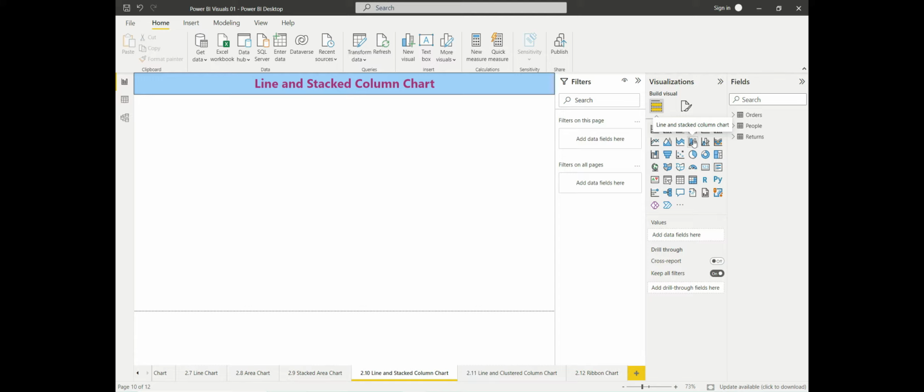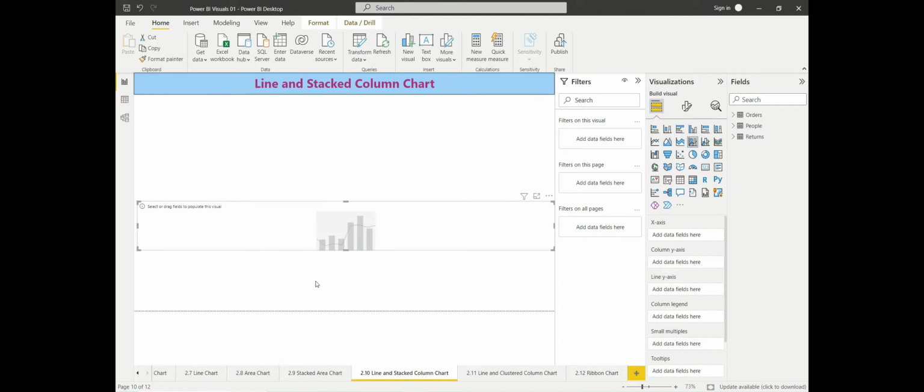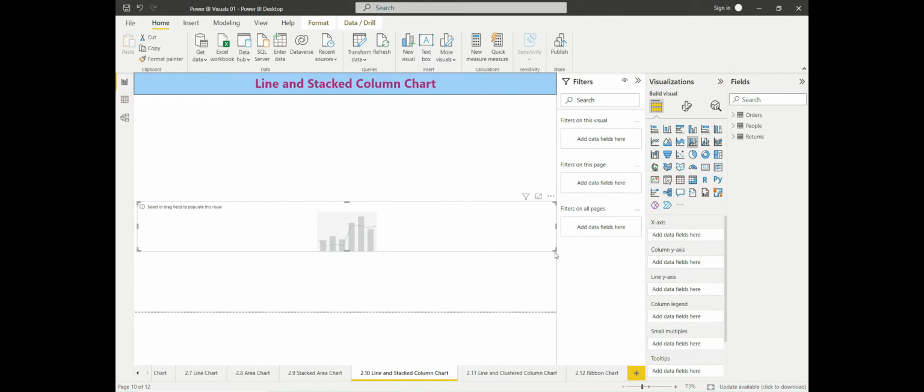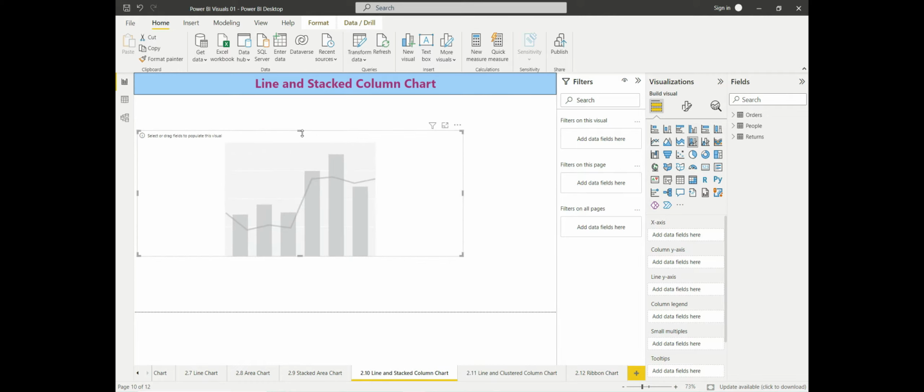First, click on the line and stack column chart icon on the visualization. Adjust its size. Now in the x-axis we'll move the region.